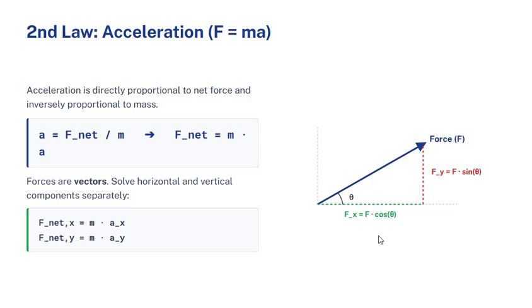And we have two vectors, the x and the y vector. To get this vector, if you have force, you multiply by the sine. Sine is opposite over hypotenuse, and cosine is adjacent over hypotenuse.